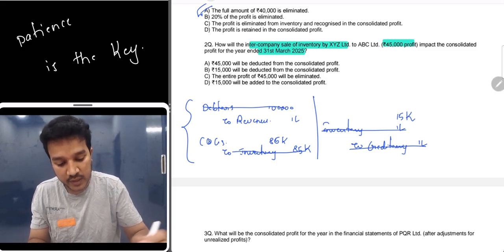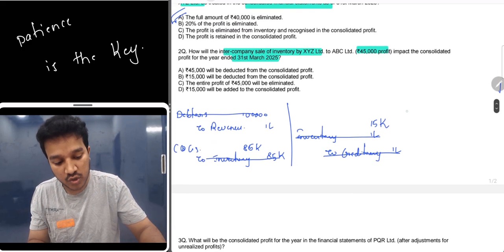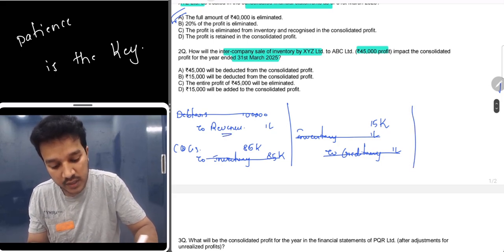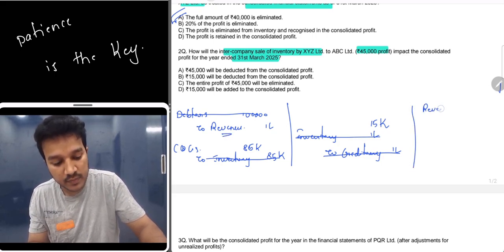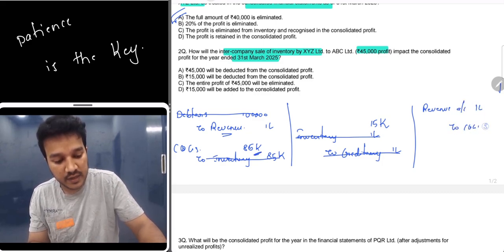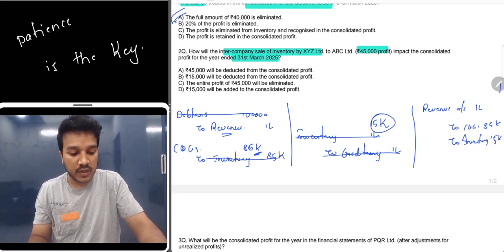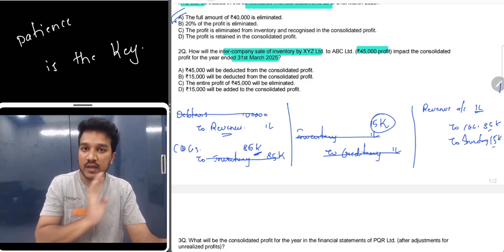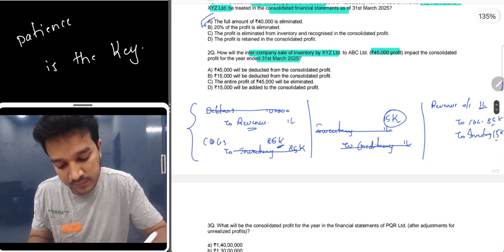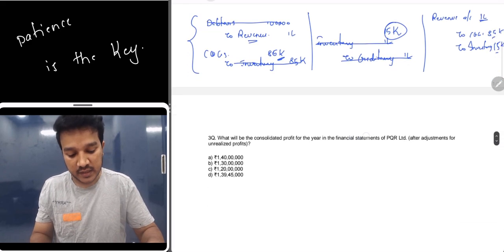In the consolidated financial statements, revenue is credited, so you will debit revenue account 1 lakh to cost of goods sold, which is 85k, and to inventory. That profit element, this 15,000, you will credit. I hope this point is clear now. 1 lakh debit, 85 plus 15, another 1 lakh credit. Fine, right? Now let's see another question.